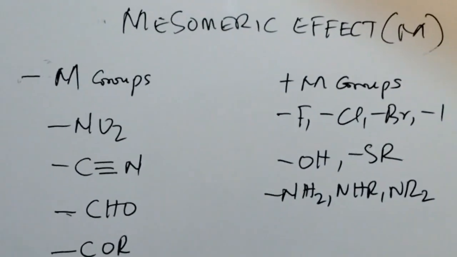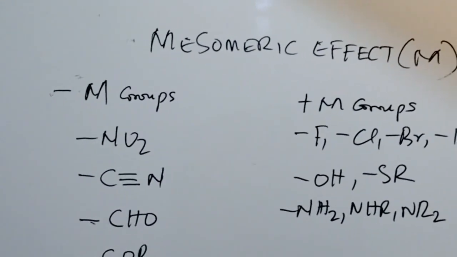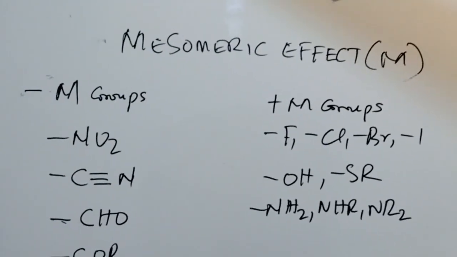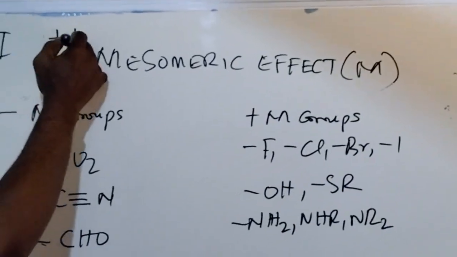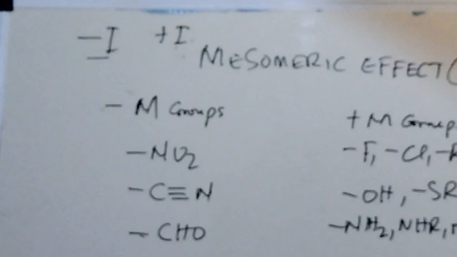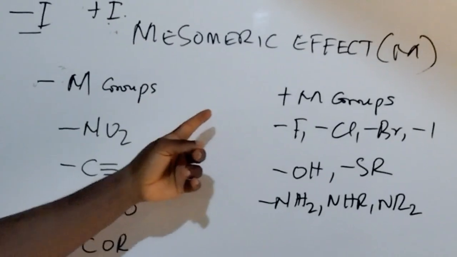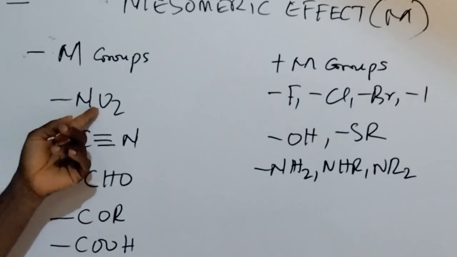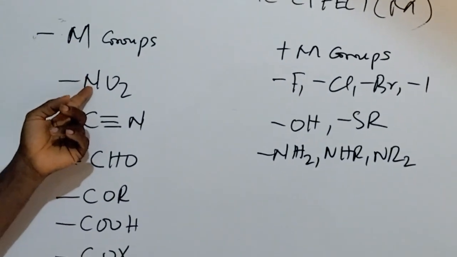Before we demonstrate the mesomeric effect on some molecules, we still have to point out that just like we have the negative inductive effect or negative I groups and also positive I groups, electron withdrawing and electron donating groups, we also have the negative mesomeric groups or effect and the positive mesomeric groups. You can see the nitro group is a negative mesomeric group, with an electron withdrawing effect.